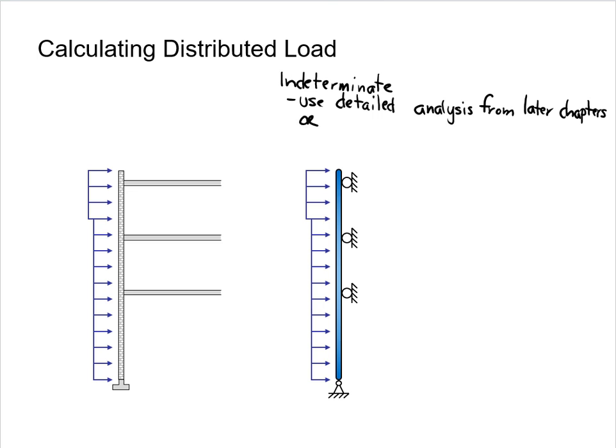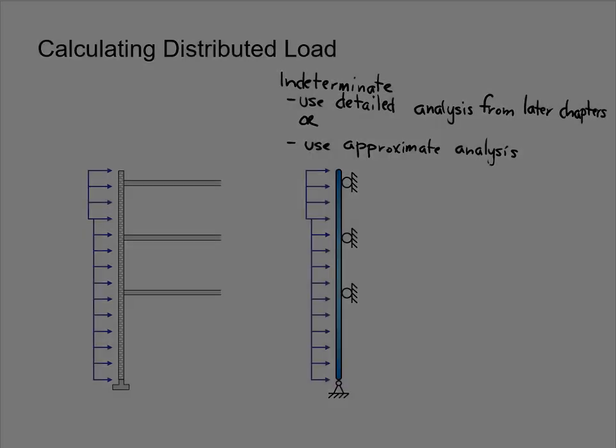More often, we use approximate analysis. That tends to provide reasonably accurate results. The approximation we make is to treat each segment of wall as acting separately, meaning each story of wall acts independently.